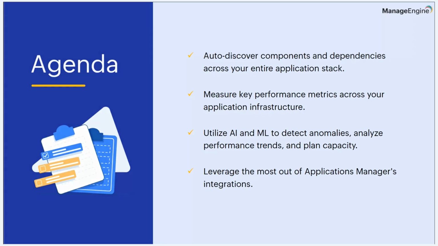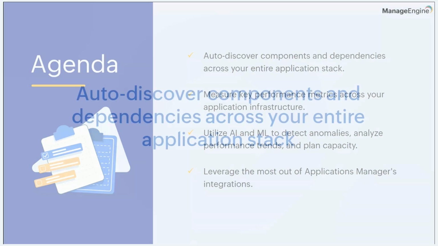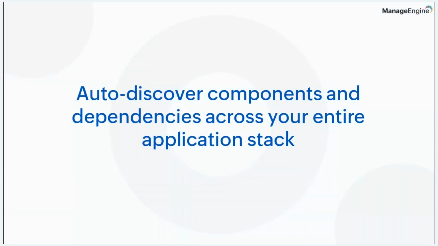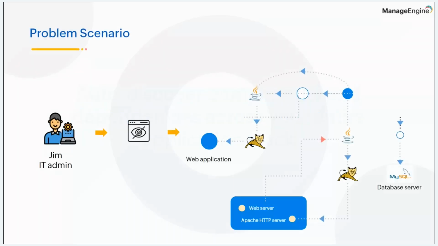Moving on, we'll start with part 1, which is auto-discovering components and dependencies across your entire application stack. So imagine you're Jim. Jim is an IT admin in a growing organization. The company is expanding its digital services, deploying new applications, microservices, and cloud instances rapidly.